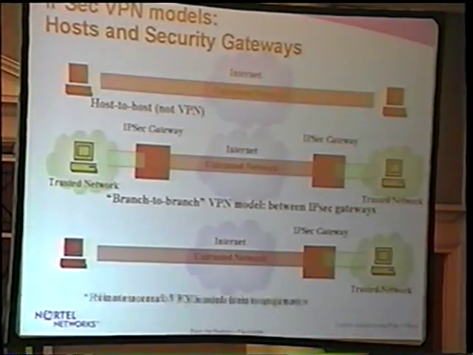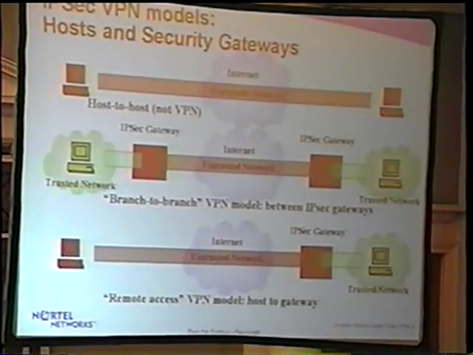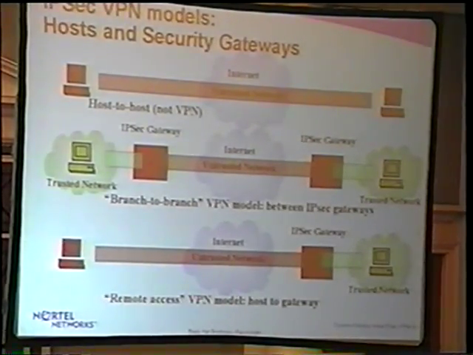And then the final topology would just be remote access, where you have, say, like a laptop or PC. You could be sitting in the audience here with your laptop and connect through the net and through the internet to your home gateway.